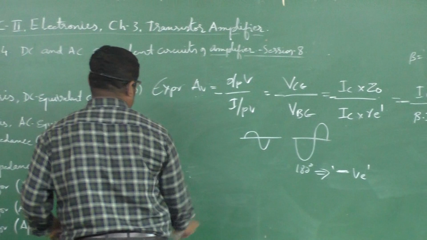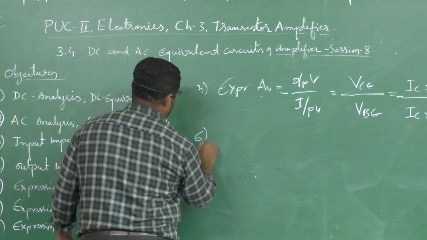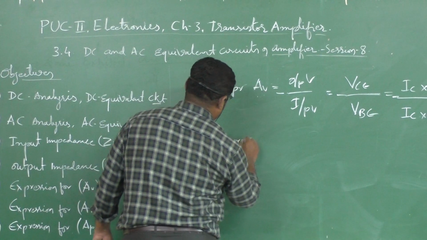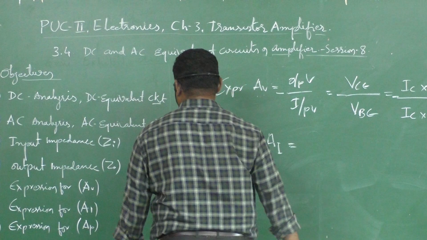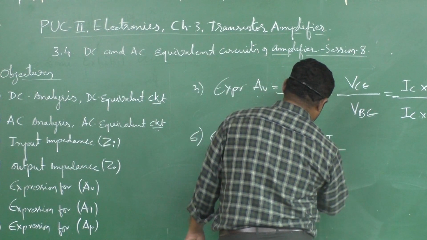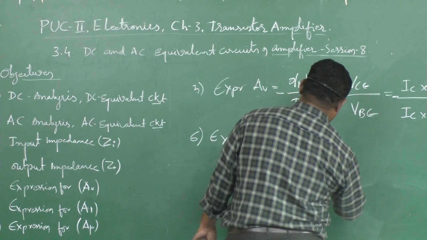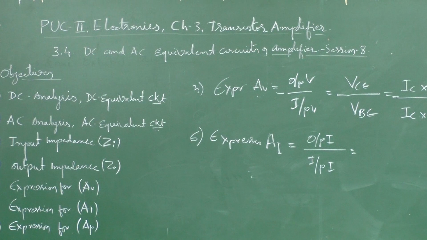So this is the expression for voltage gain, and then we have the expression for number 6, AI, which is equal to output current divided by input current. But what is the output current?